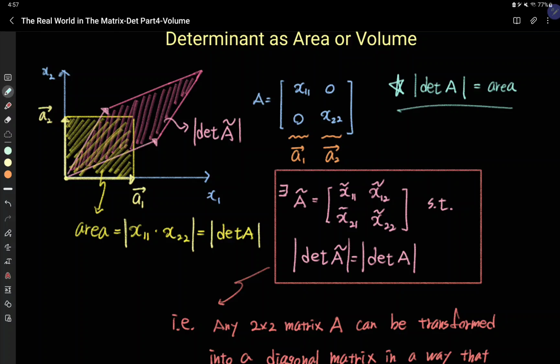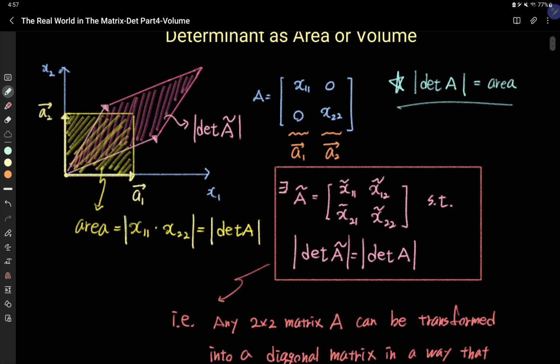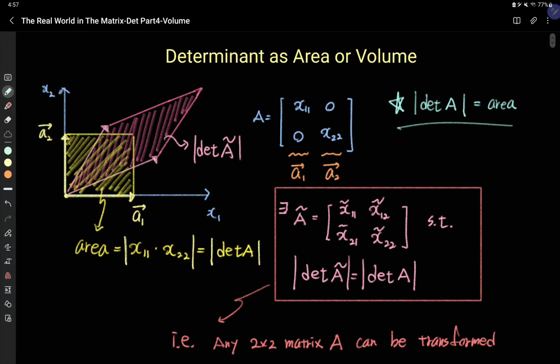Okay, so now that's why, when A is a 2 by 2 matrix, the determinant of A is going to be the area of the rectangle. So we can easily compute the determinant of A by finding the area of that rectangle.